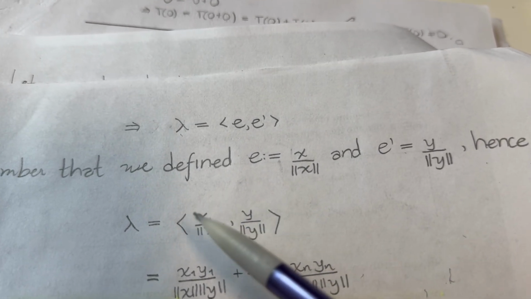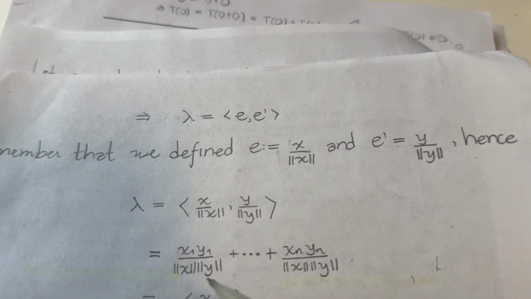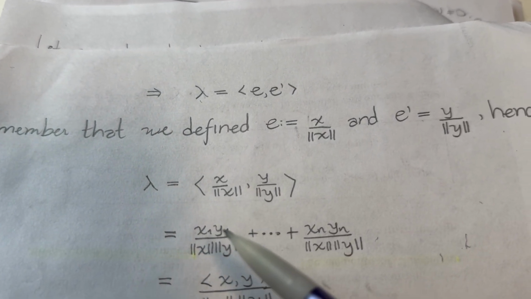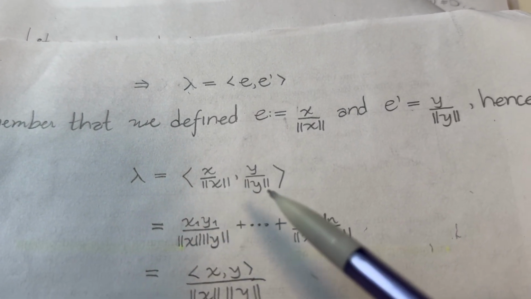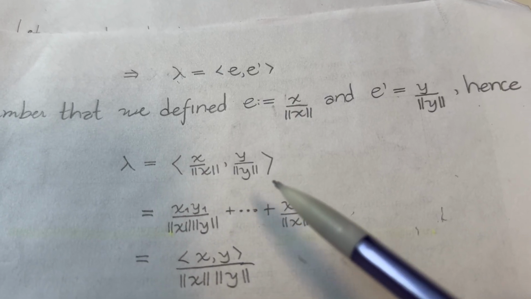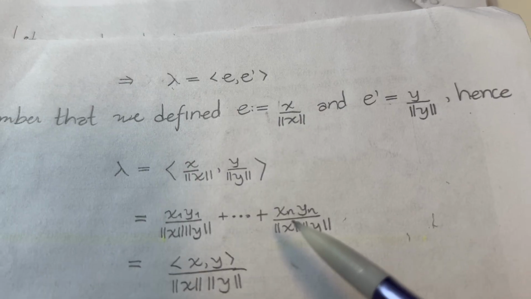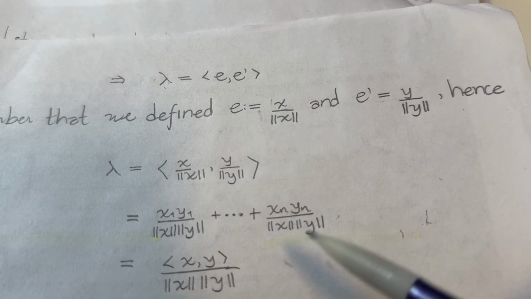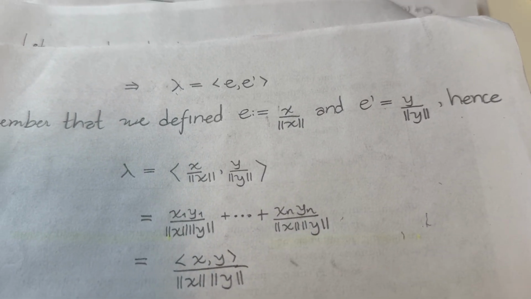If we expand this a little bit, component-wise, it will be x1 y1 divided by the magnitudes, and the same in the middle. And for the last component, we have xn yn divided by the product of the magnitudes.